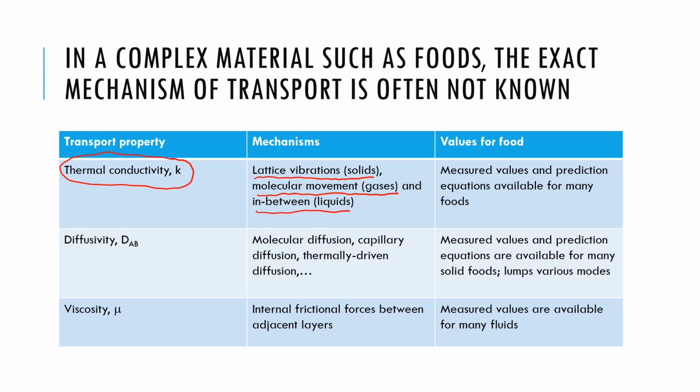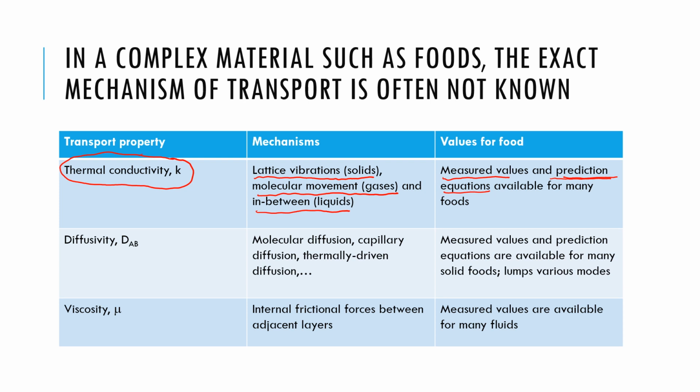So we have these detailed mechanisms, but a general comment is for a complex material such as food, it's very hard to figure out all the detailed mechanisms, and therefore what is contributing to what, and come anywhere near predicting some of these properties. So how do we get these properties? We measure them.